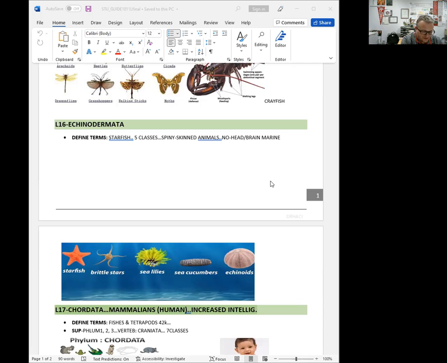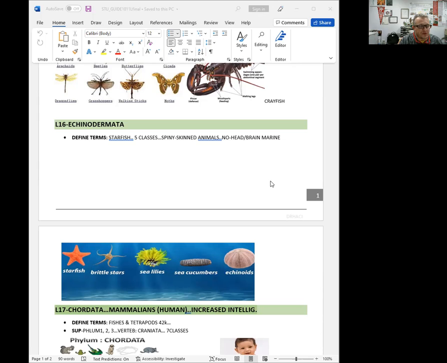So those are examples of the 5 classes of Echinodermata. Make sure that you study starfish anatomy, both the top side and the oral view, and that you are familiar with all these different species and examples in each of the 5 classes under phylum Echinodermata.